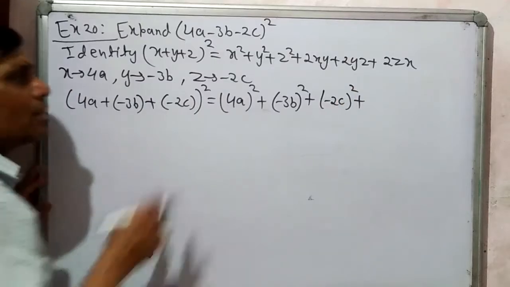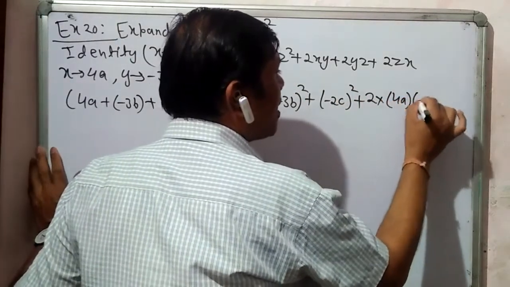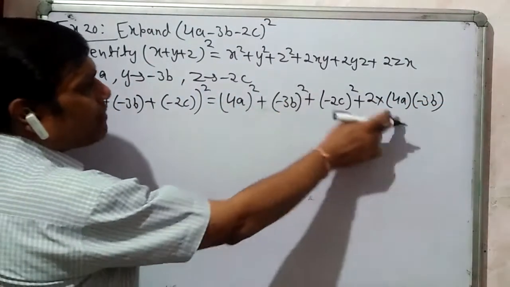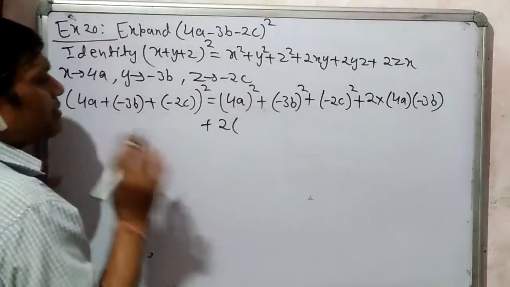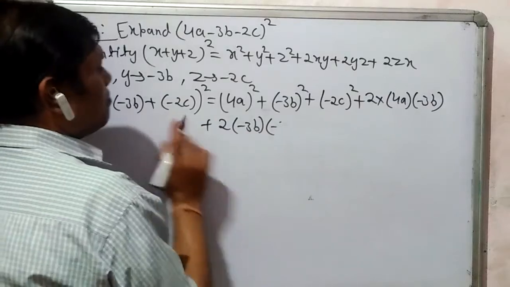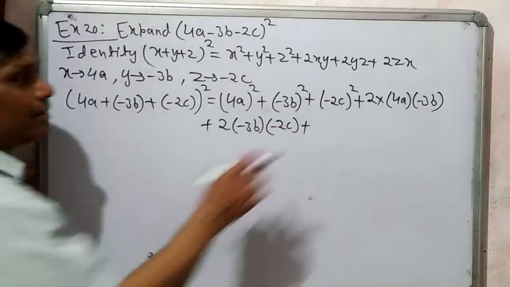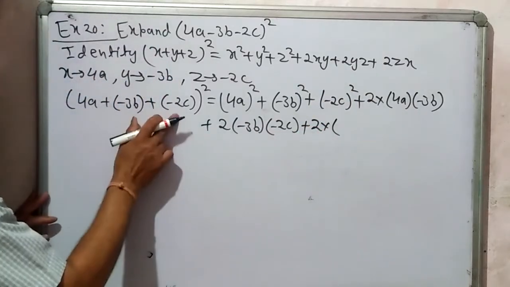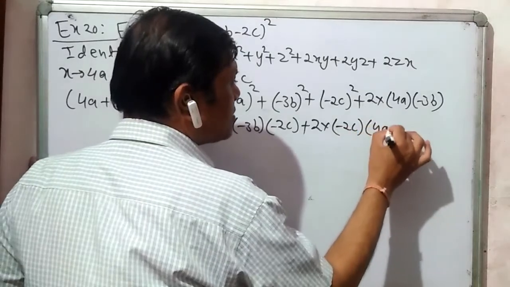Plus 2xy: 2 multiplied, x is 4a, y is minus thrice b. 2yz: 2 multiplied, y is minus 3b, z is minus 2c. And twice zx. What is z? Z is minus 2c. What is x? X is 4a.